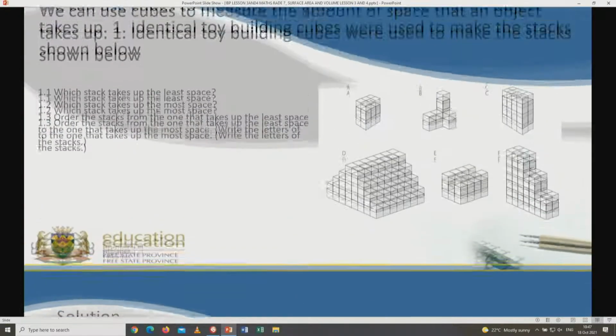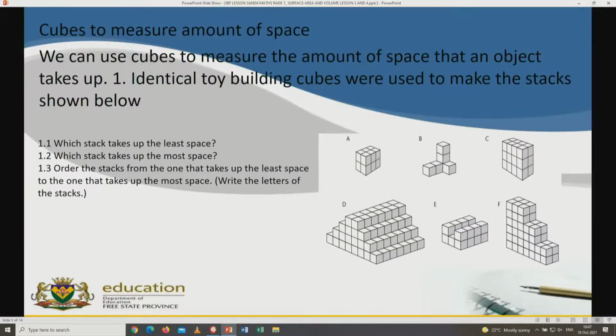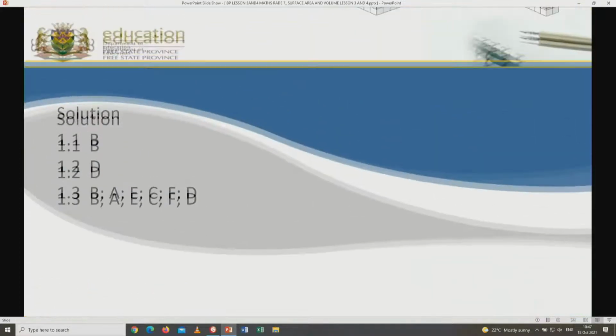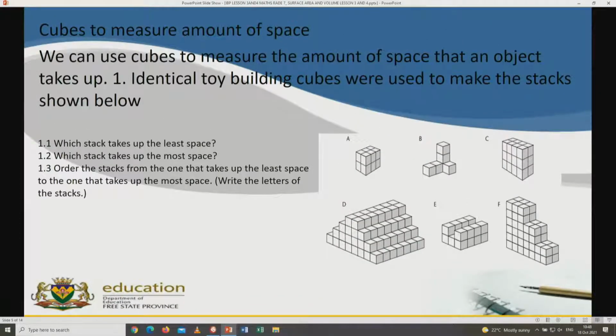We said it's B, then A, C, and therefore we have F, and most definitely D. If you have chosen that, that will be B, A, C, and D. Therefore, from time to time now we'll be using this kind of cubes to determine the what? The volume.